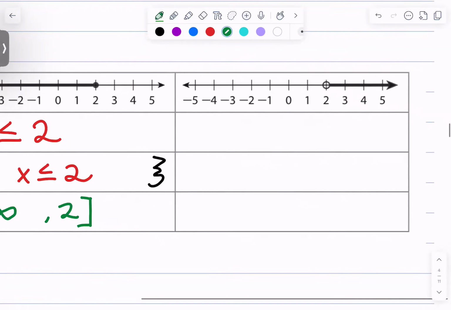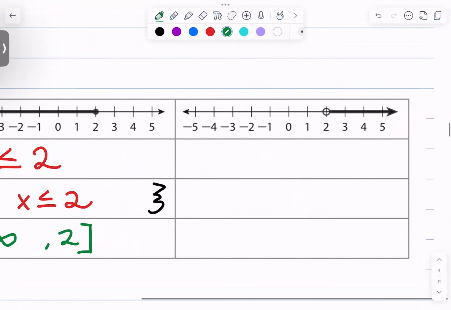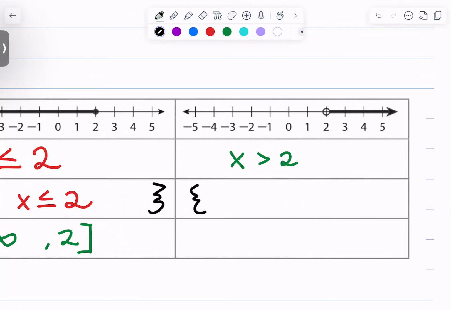Because there's no number that we can put in. So what about this one? x is greater than 2. That's my inequality. Again, with the set notation, x such that x is greater than 2.